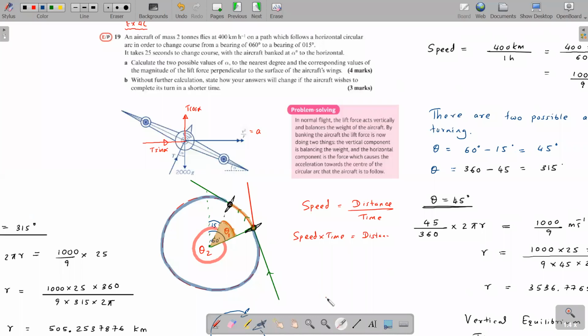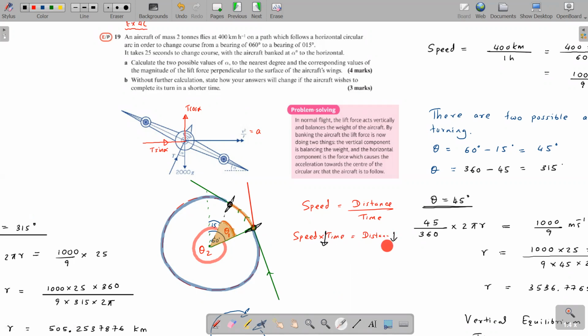All right, guys. So part B, they say without further calculation, state how your answers will change if the aircraft wishes to complete its turn in a shorter time. So if it wants to complete the turn in a shorter time, what do we need to do? If you want to make this take a lower time, I think you can see time and distance are kind of directly proportional.